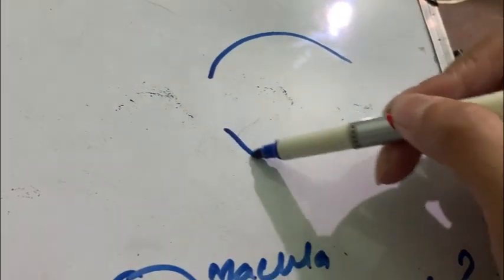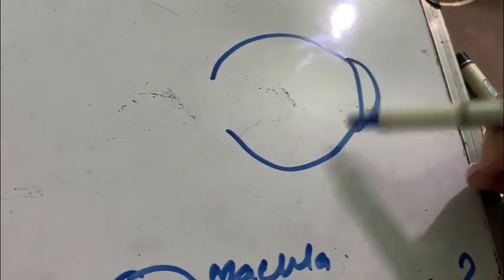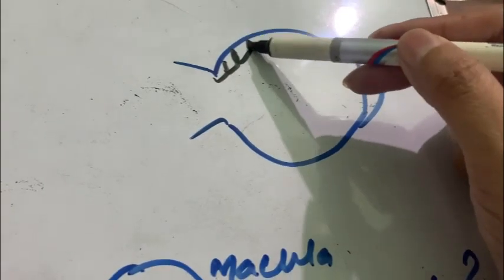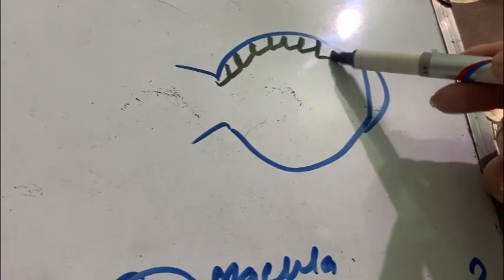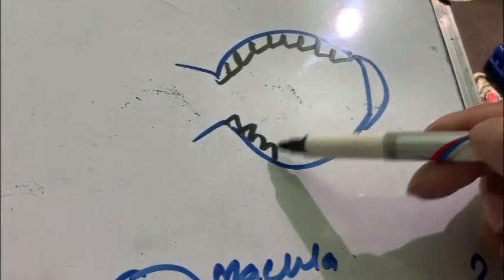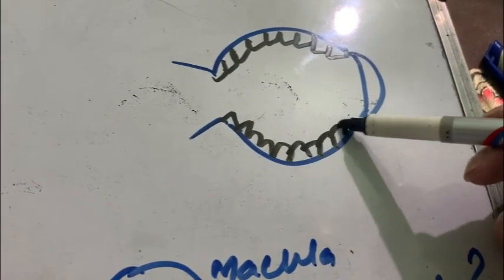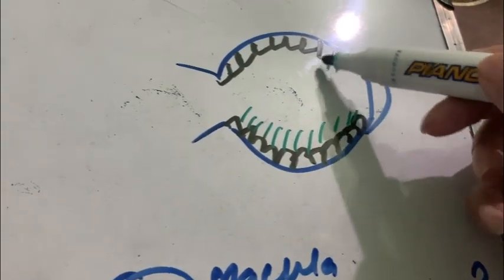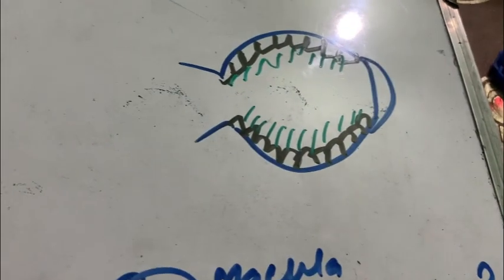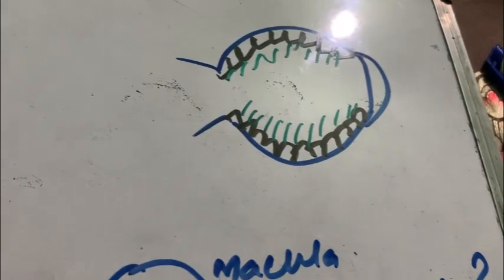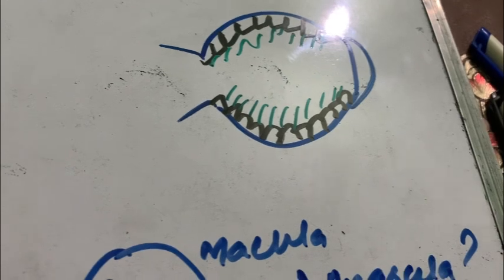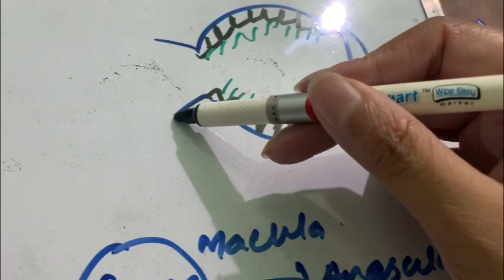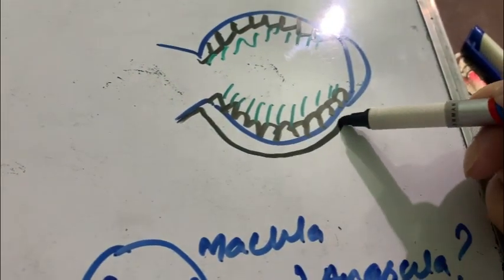So making the cup, this was the outer retina, inner retina, and as we know, outside of it is the choroid, and outside of the choroid is the sclera.